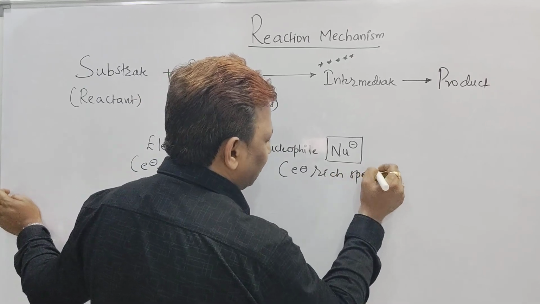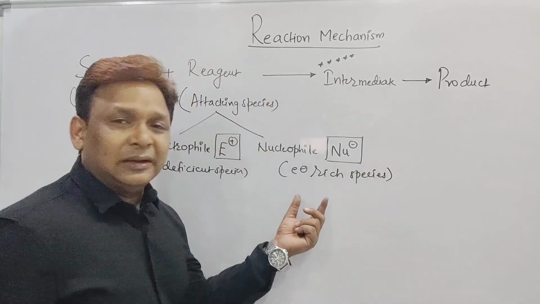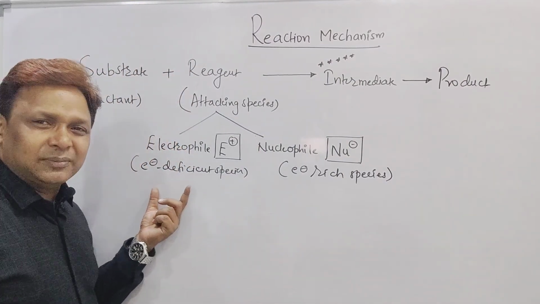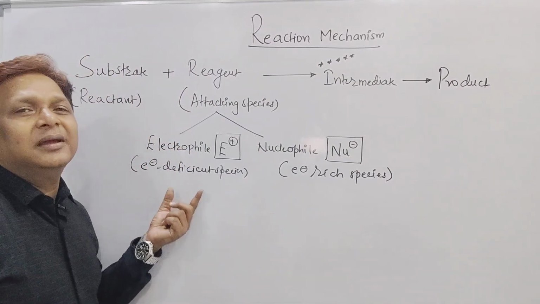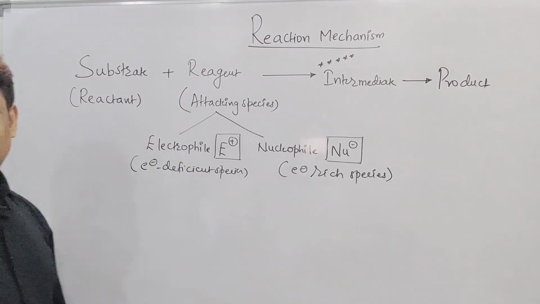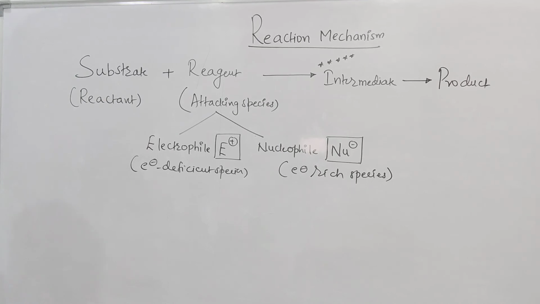The tendency to donate a lone pair is called a nucleophile, and the tendency to accept an electron pair is called an electrophile. It acts as a Lewis acid, and the other acts as a Lewis base. Now, about the electrophile and nucleophile, one more part I want to discuss with you: just examples here. What are the nucleophiles and what are the electrophiles.